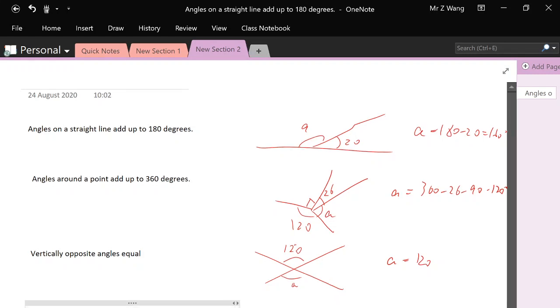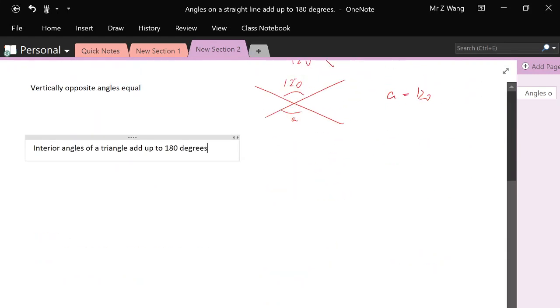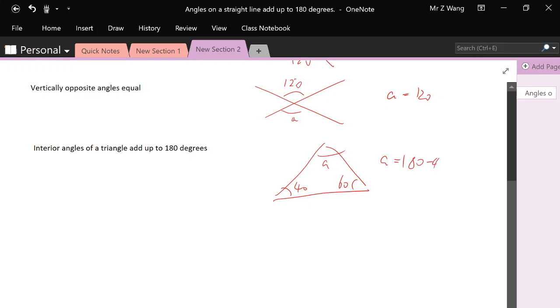Now, again, give an example, right? An example is simple, right? So I'd say this is 40, this is 60, and then this is A. A equals 180 minus 40 minus 60, right? Which is 80 degrees. Now, this is how you do this.